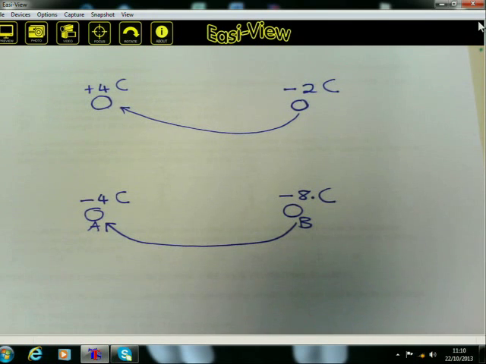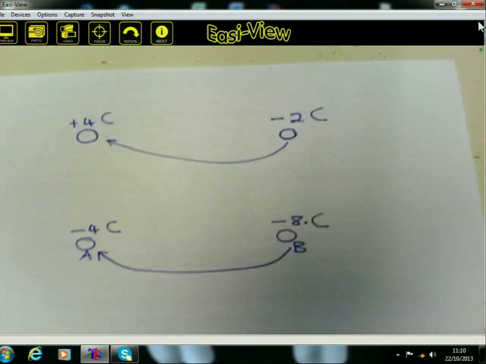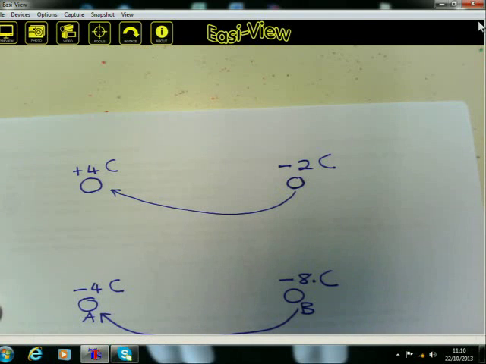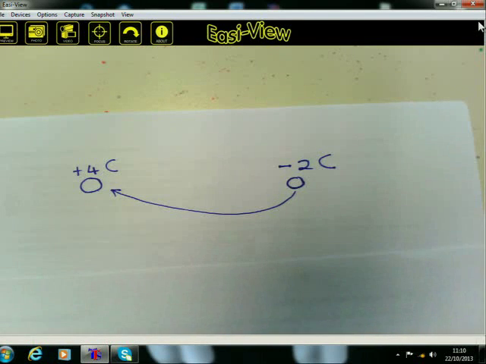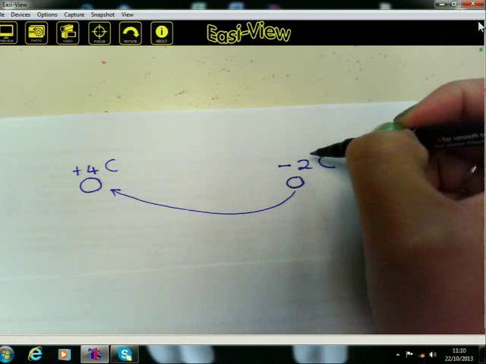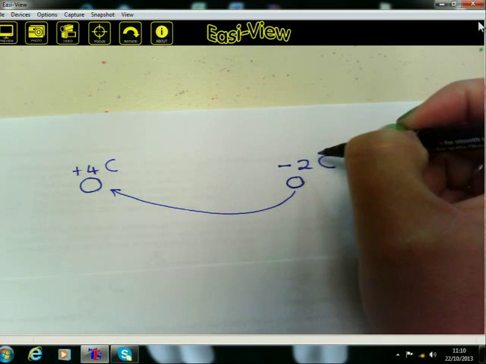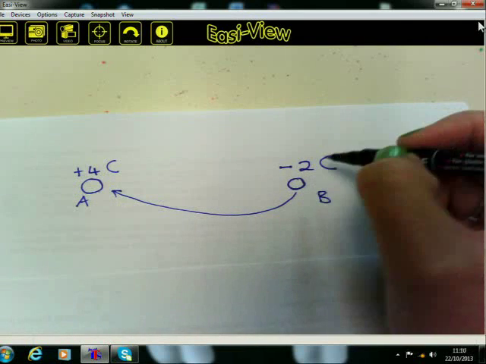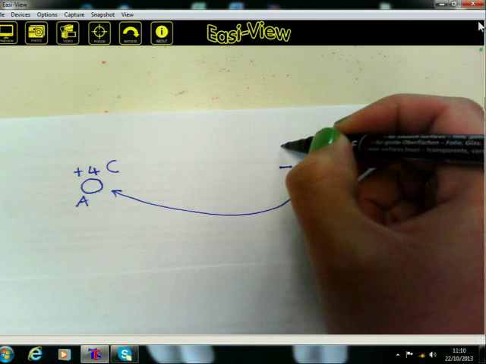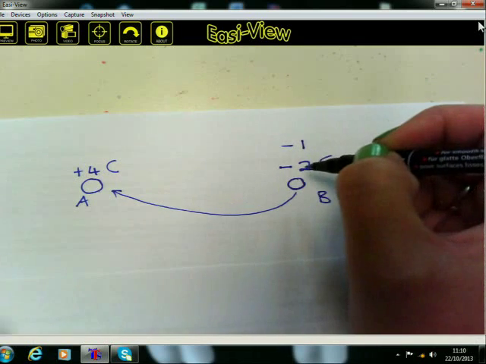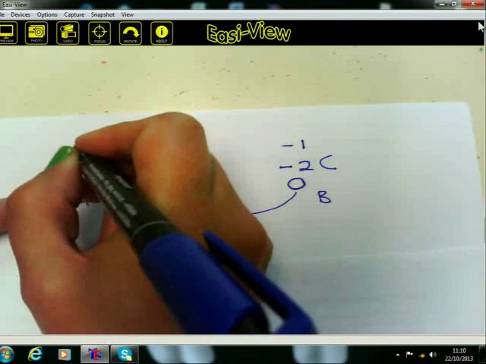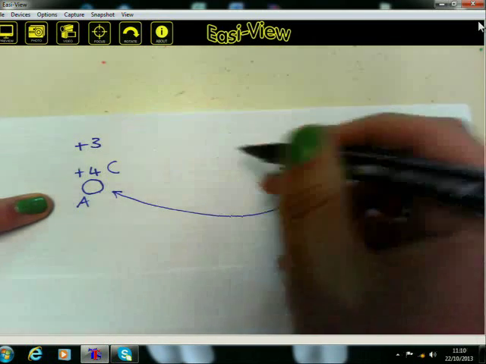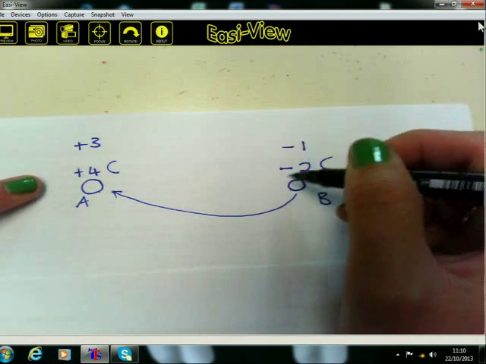Okay. So how much charge will be transferred in this example here on top? Let's see, if 1 coulomb of charge is transferred from B to A, B becomes -1 and A becomes +3. We're not equal yet. So let's transfer another one.